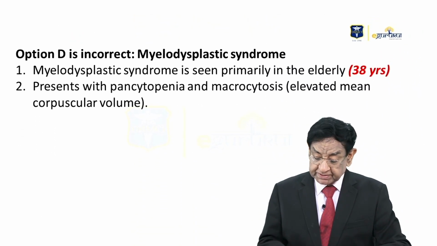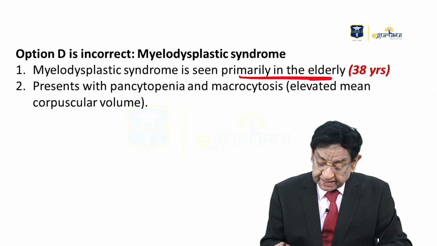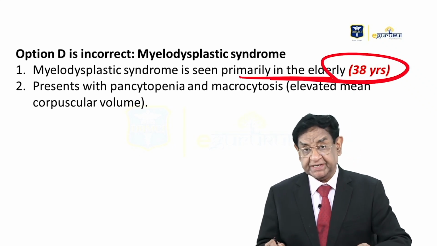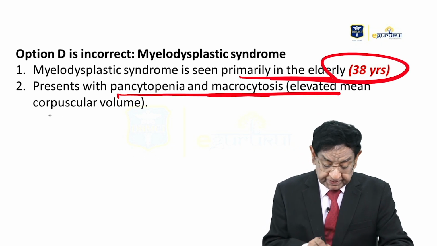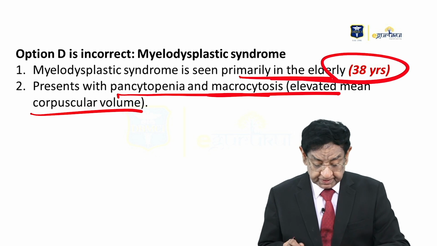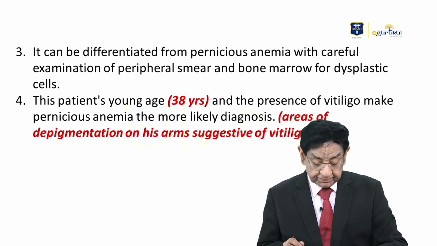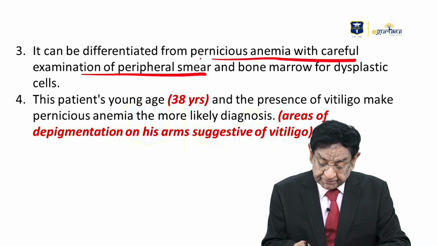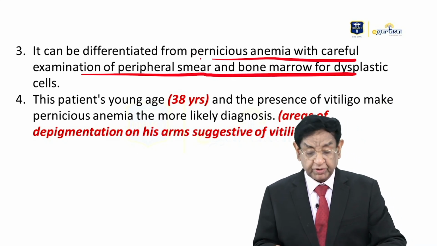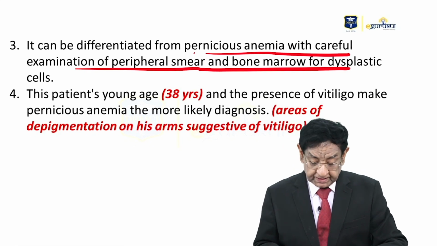Option D, myelodysplastic syndrome, is primarily seen in the elderly, but our patient is 38 years old. There is pancytopenia and macrocytosis, with elevated MCV. It can be differentiated from pernicious anemia with careful examination of the peripheral smear and bone marrow for dysplastic cells.